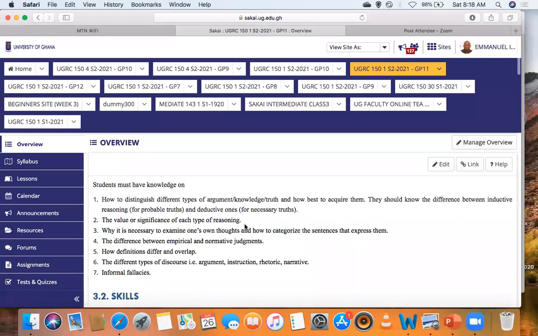When we are making arguments, when we are reasoning, when we are making proposals, when we are defending our positions, all those reasoning processes will be useless if we don't have an accurate understanding of the concepts we are working with. When we are making arguments about a concept, it is good we actually have an accurate meaning of that concept before we begin to make arguments.